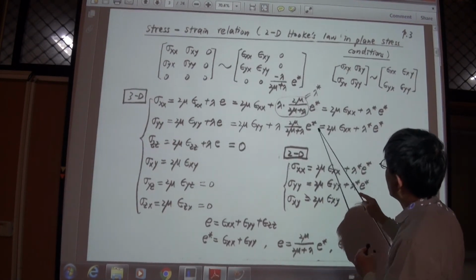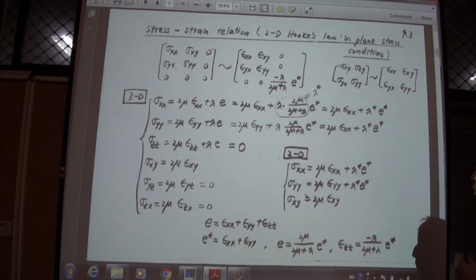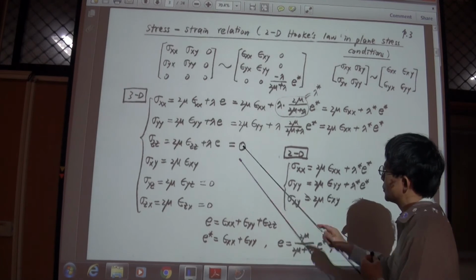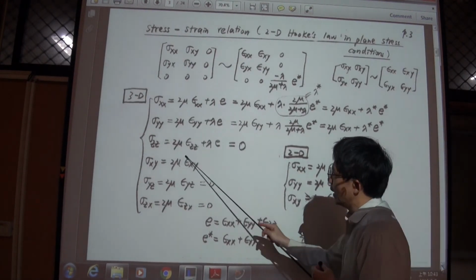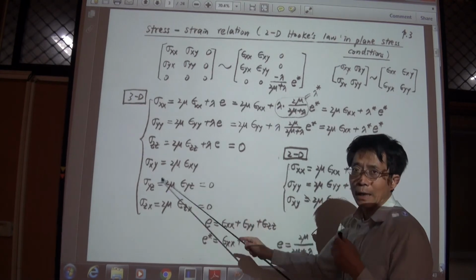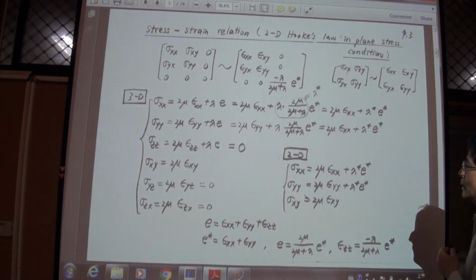Okay, and we write this relation here. And also σ_zz equals 0, so we don't need to write it down. And also we have this σ_xy equal to 2μ ε_xy like this.